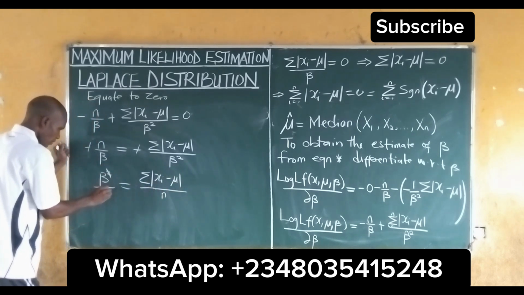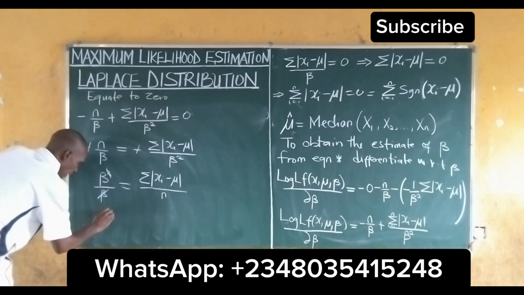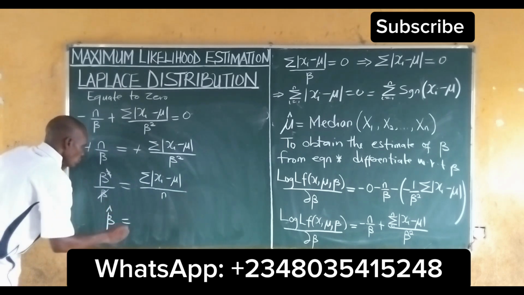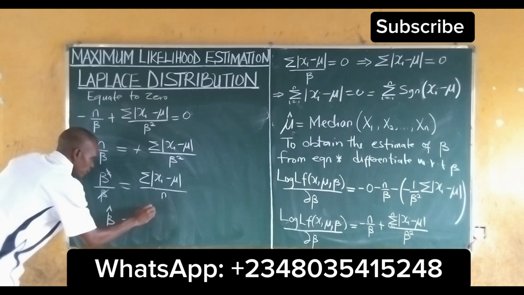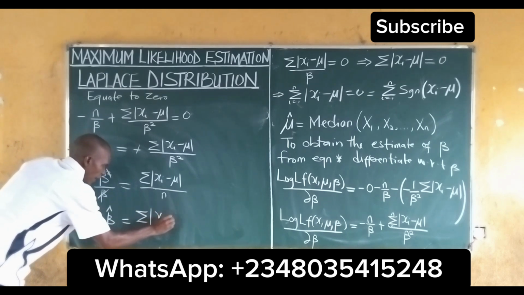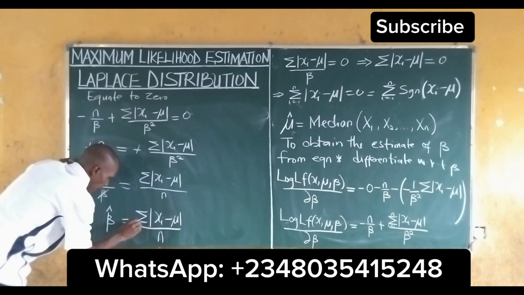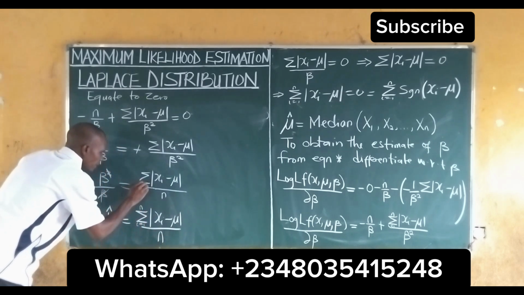So this can cancel this. It then means that our beta estimate will be equal to summation of xi minus mu all over n, as i running from 1 to n.